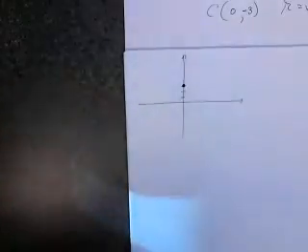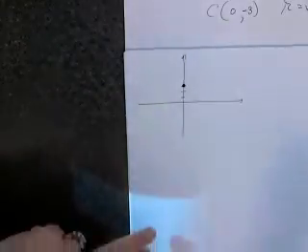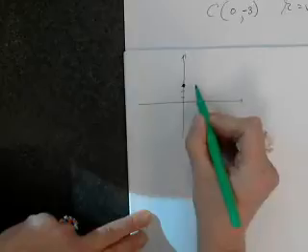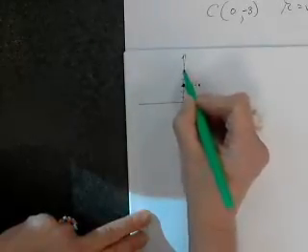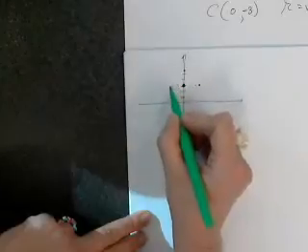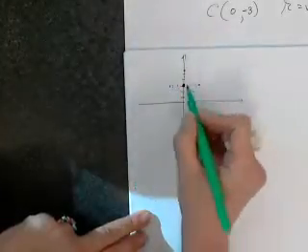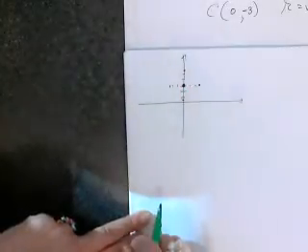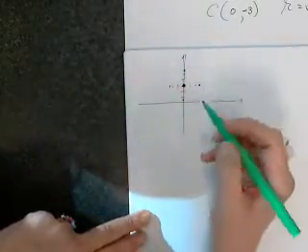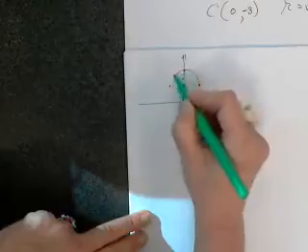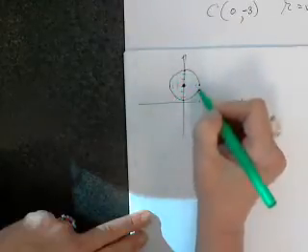So let's say the square root of 7 is roughly 2.5. 1, 2.5 to the right. 1, 2.5 up. 1, 2.5 to the left, and 2.5 down. So I've created 4 points, north, south, east, west, and now I can graph the circle.